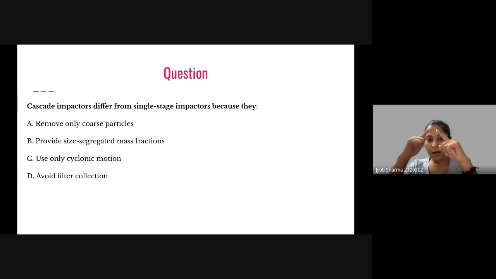Whenever air is moving and striking your impactor, how will your air move, how will it be diverted? So it is designed on your geometry, right? So in cascade impactors we have different designs, or you can say different geometry, of the impactor. Based on that you can segregate different size mass fractions.